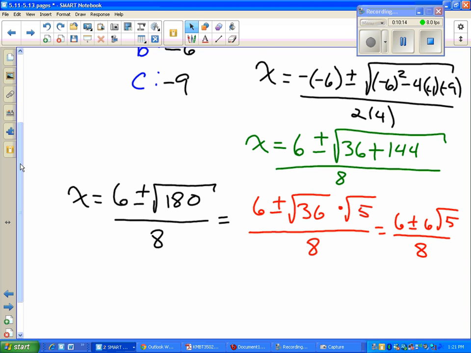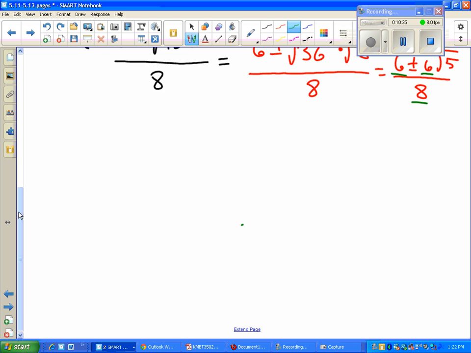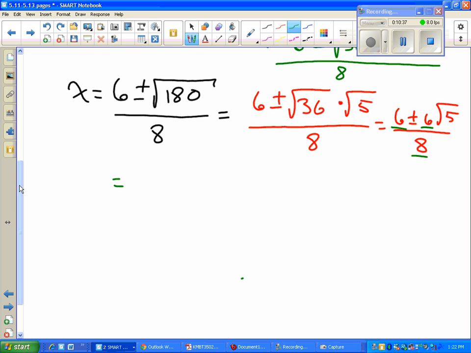One last thing. Because of the square root, can I break this into two answers and come up with two numbers? No. However, is 6, 6, and 8 all reducible? Yes. Since all three are reducible by 2, I'm going to break this up into 6 over 8 plus or minus 6 square root 5 over 8.